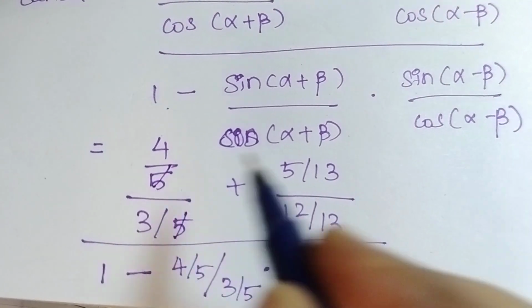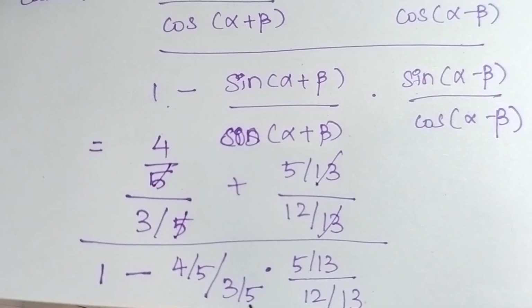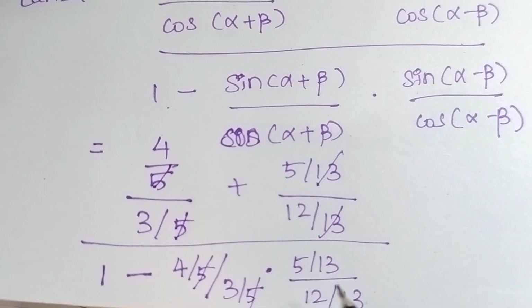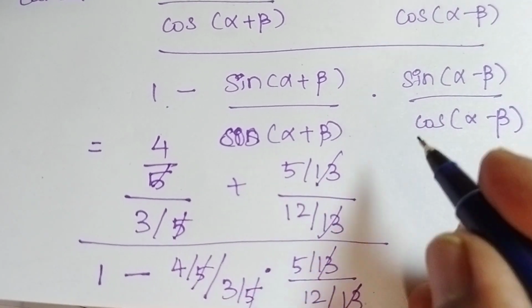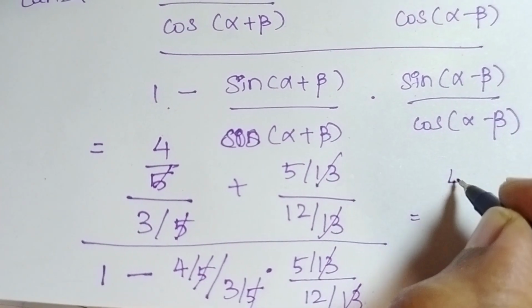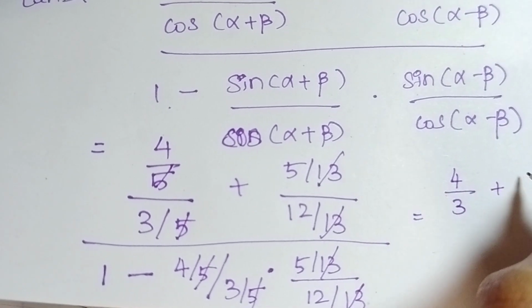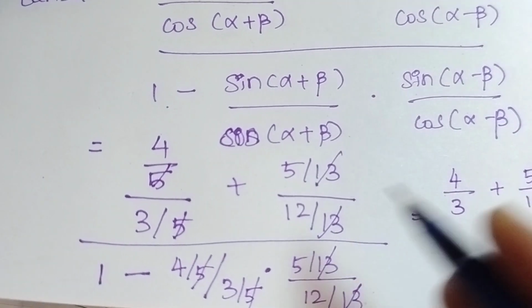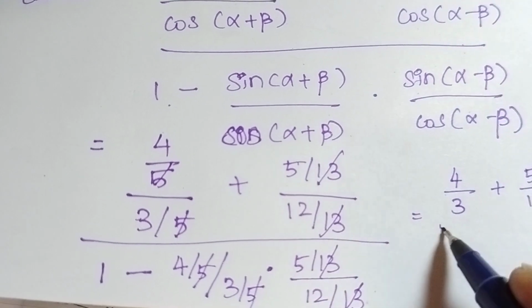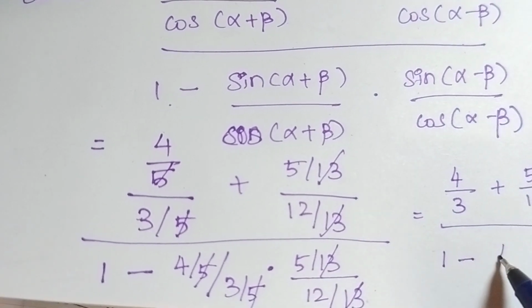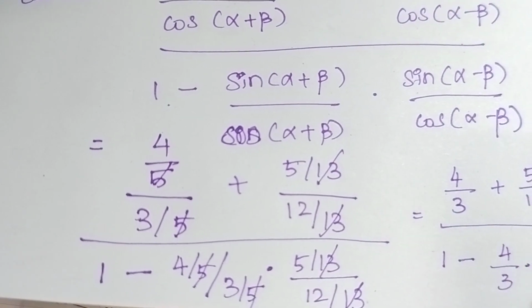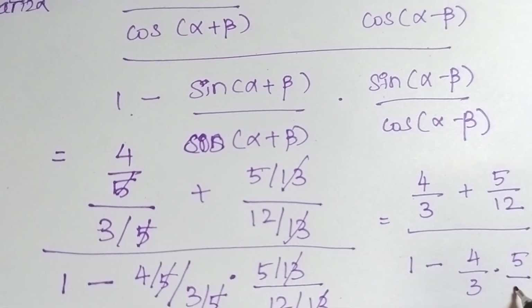This 5 and this 5 get cancelled, this 13 and this 13 get cancelled. Similarly, this 5 and this 5 cancel, this 13 gets cancelled. Therefore, this equation becomes 4 by 3 plus 5 by 12, divided by 1 minus 4 by 3 into 5 by 12.